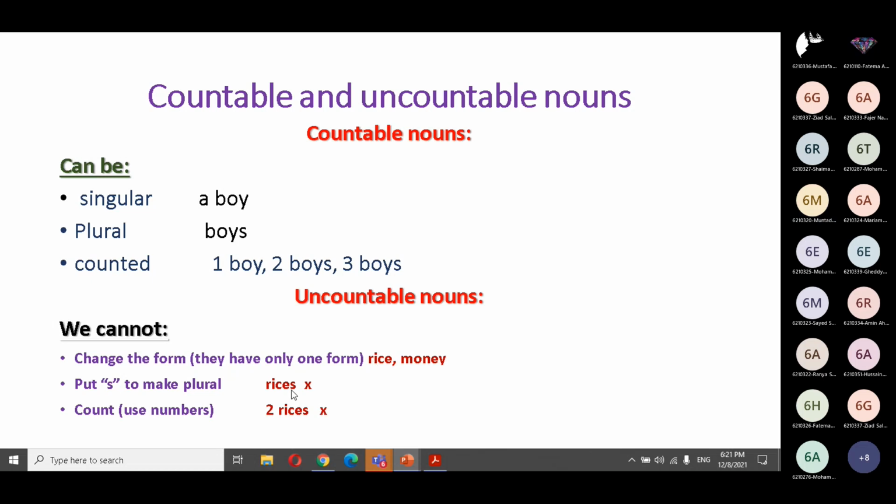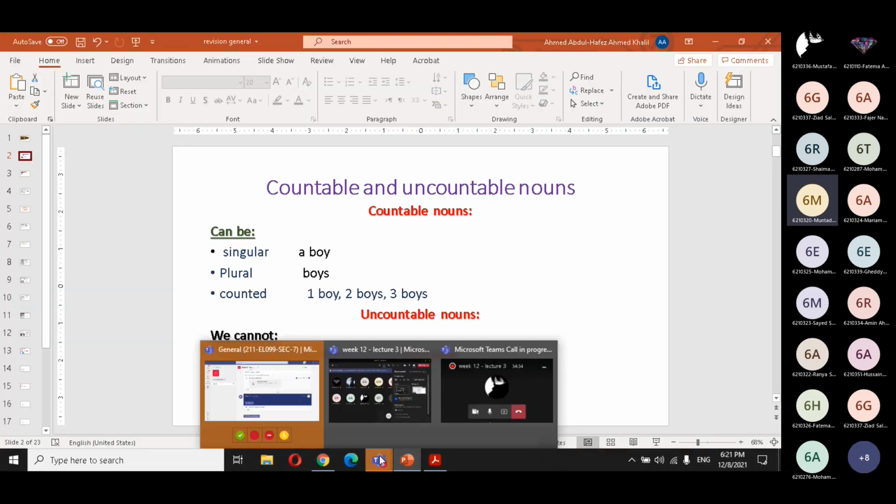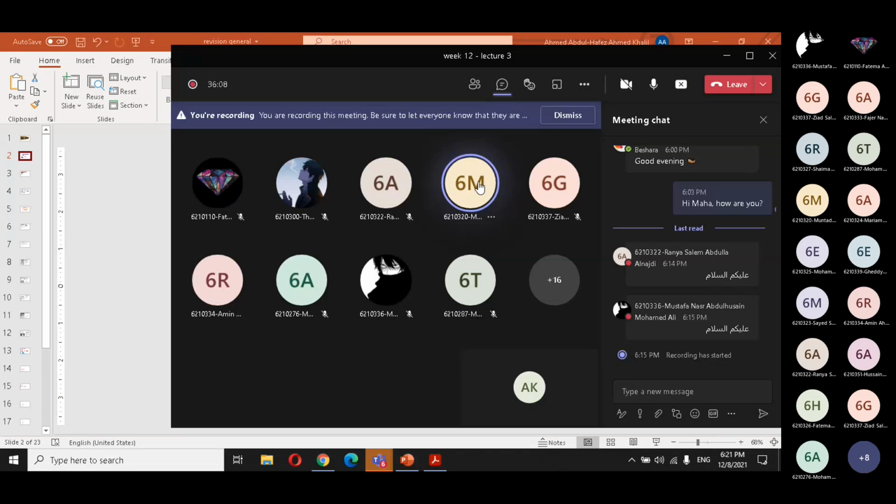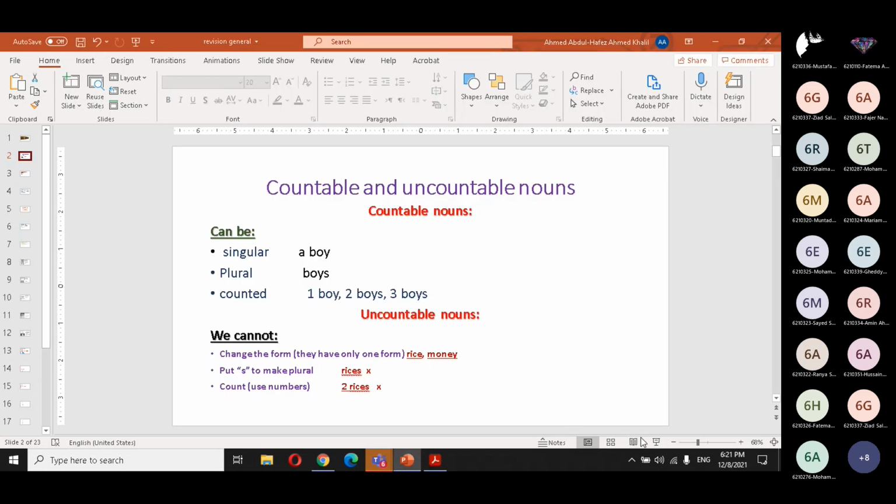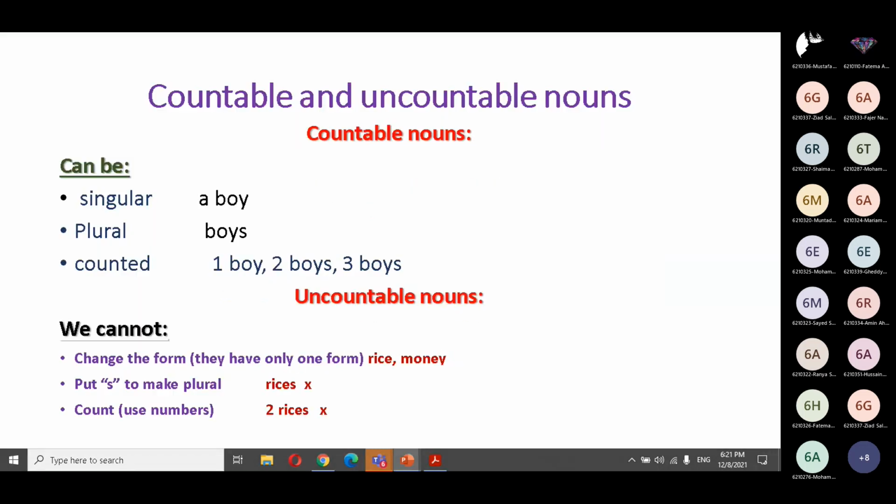You cannot say rices, you cannot say monies. You also cannot use numbers.